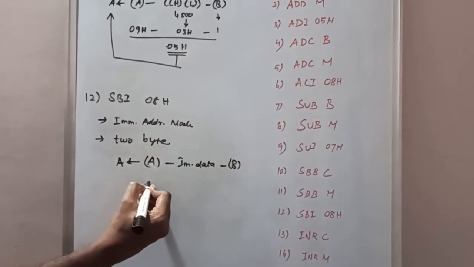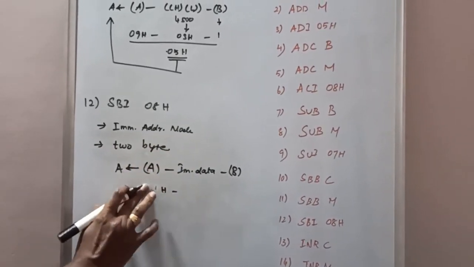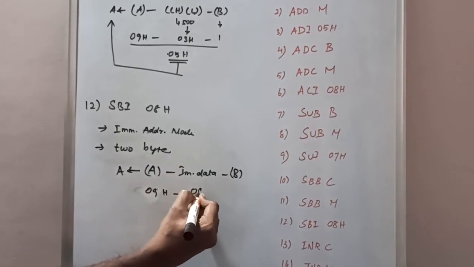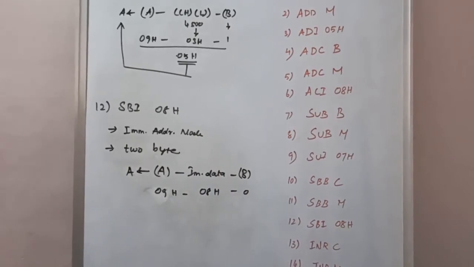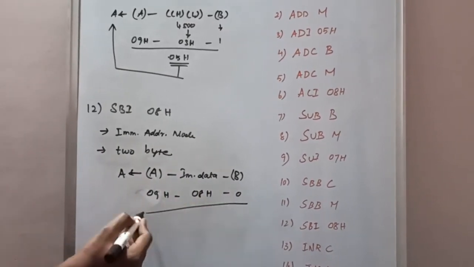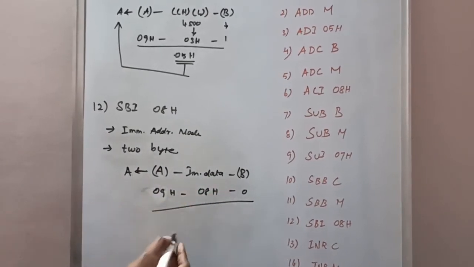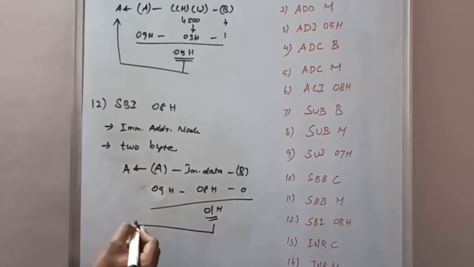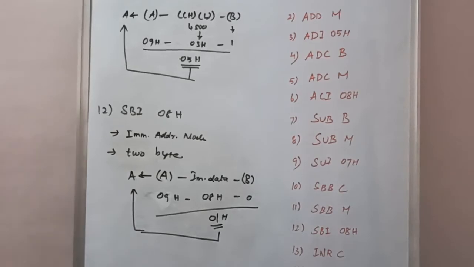The accumulator value is 09H and the immediate data is 08H. Here I consider the borrow value as 0. Subtracting the three values, 09 minus 08 minus 0, the difference is 01, so this 01H value is stored to the accumulator.